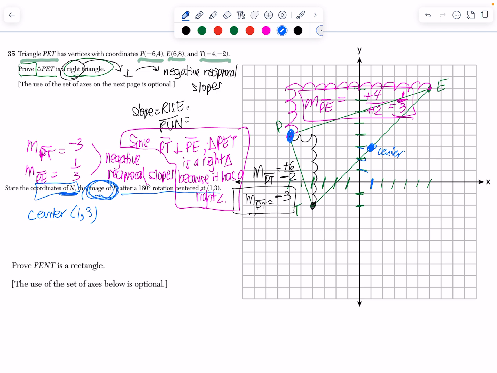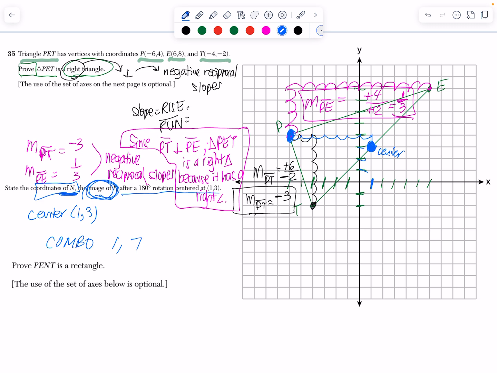Well, the easiest way to do it is this concept of combo. This is something I came up with, the combo. What does that mean? Well, from the center, how do I get to P? I go up 1, and then 1, 2, 3, 4, 5, 6, 7 to the left.